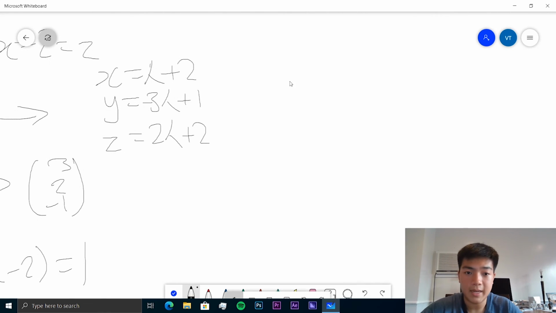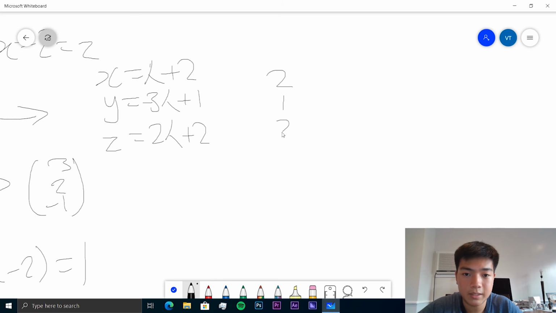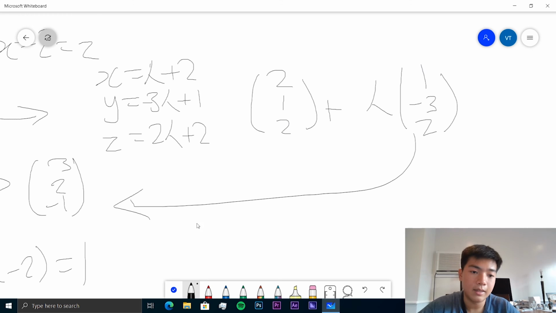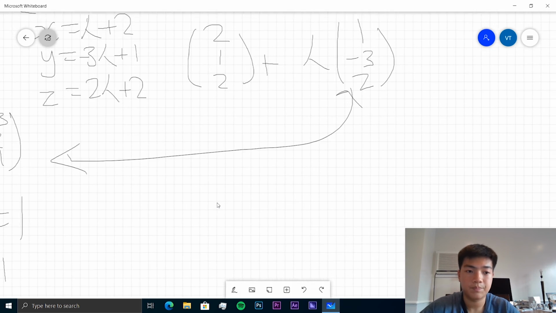So therefore this entire line is just (2, 1, 2) plus lambda times (1, -3, 2). So we need to find the angle between these two.